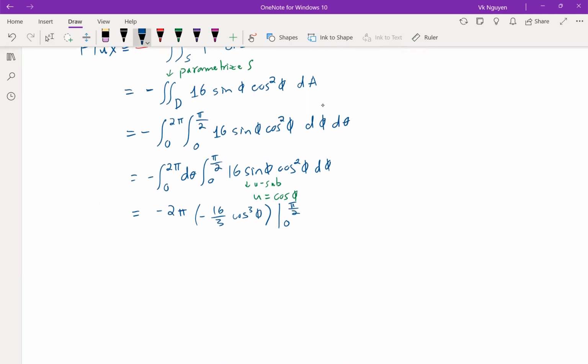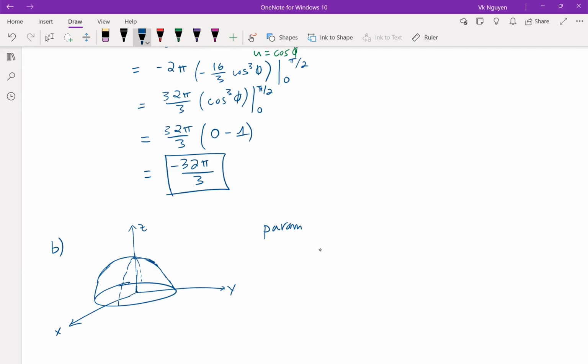So pull this one out. What do we have? We have 32 pi over 3 and cosine cubed phi from 0 to pi over 2. Cosine of pi over 2 unfortunately is 0. Cosine of 0 is 1. So we have negative 32 pi over 3.